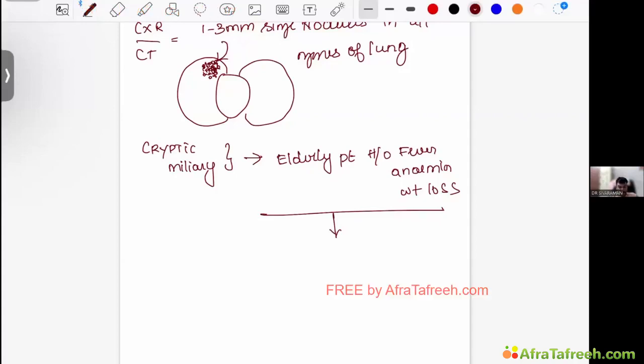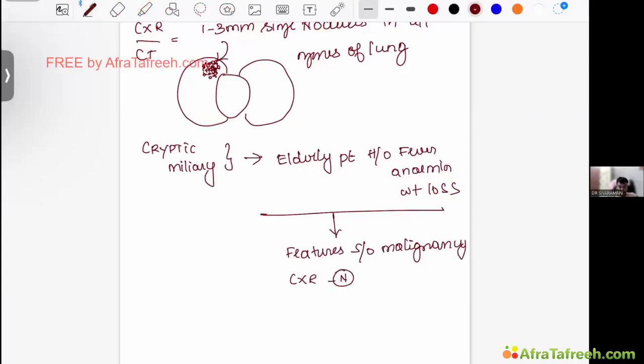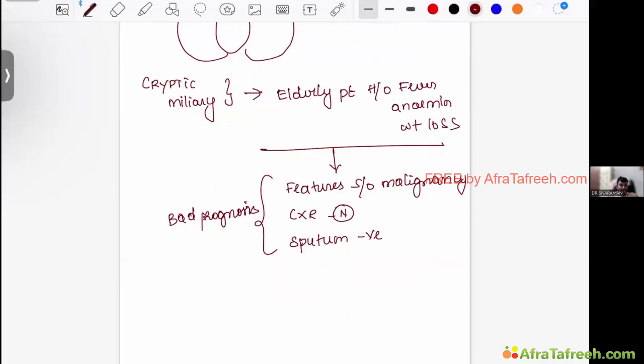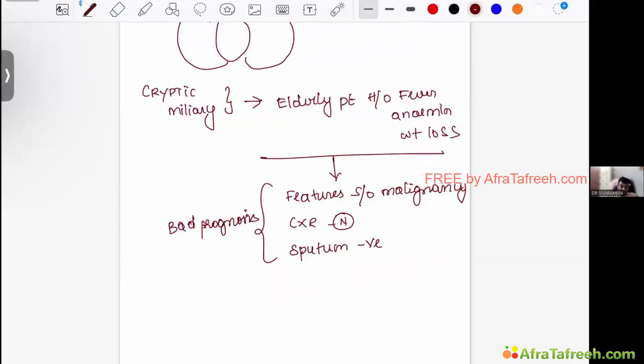It presents like malignancy. Obviously the chest X-ray will be normal and your sputum will be negative. This kind of picture will be there in patients with cryptic miliary tuberculosis. This patient will have a bad prognosis. The next variant is called non-reactive miliary.